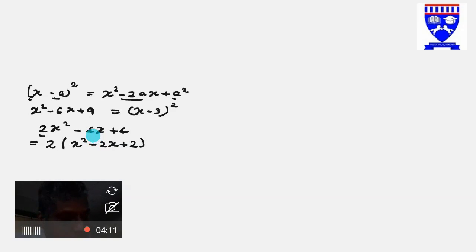Sorry, this is 2x. Okay, this is 2x, and this one is x. So I will cut it and I will write it again. This one is 2 into x squared minus x plus, this also minus 4.